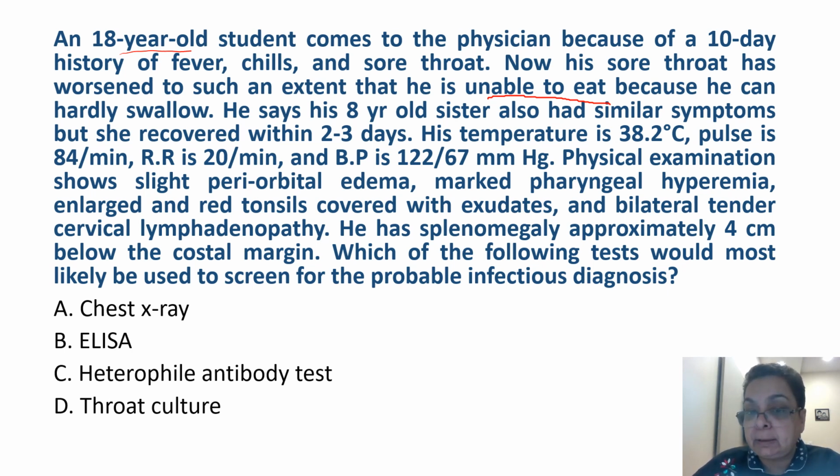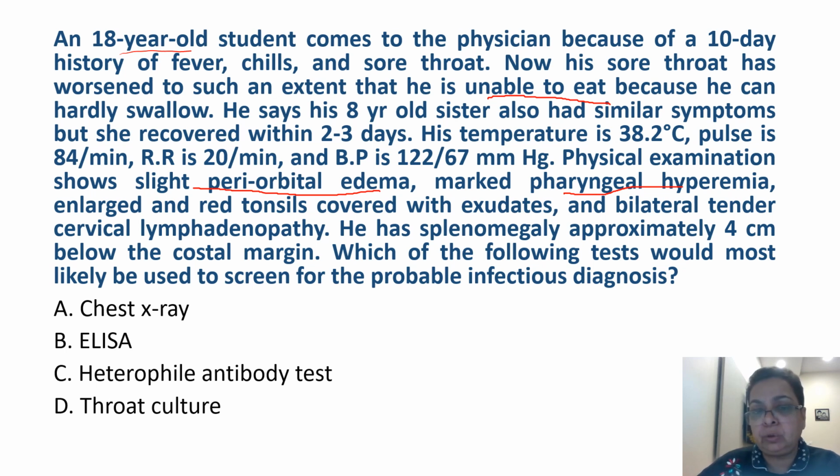His temperature is 38.2, pulse is 84, respiratory rate is 20, BP is within normal range. Physical examination shows slight peri-orbital edema, marked pharyngeal hyperemia, and enlarged red tonsils which are covered with exudate, along with bilateral tender cervical lymphadenopathy.